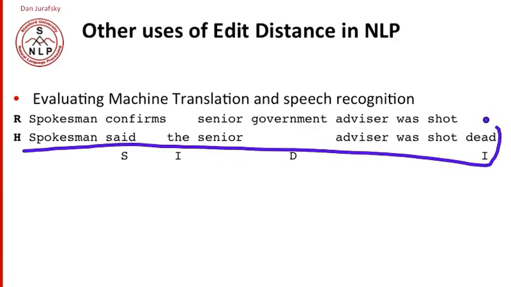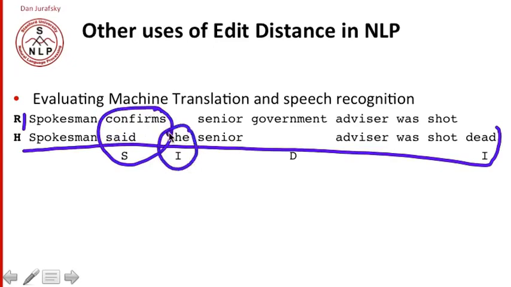And some human expert translator said it should have been "spokesman confirmed senior government advisor was shot." So we can measure the difference between these two by saying how many words changed. "Confirms" was substituted with "said." Words that were inserted: "the," and "dead." And words that were deleted: "government." So it's a way of measuring how good our machine translation is by comparing it to humans.